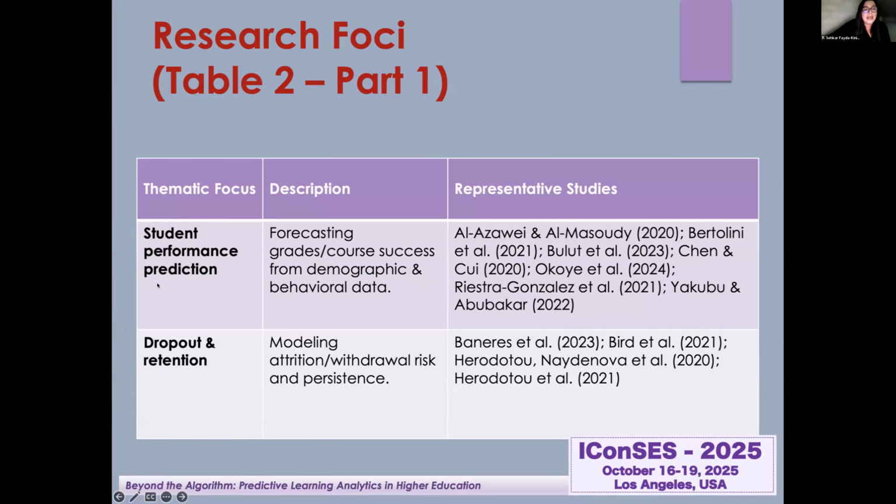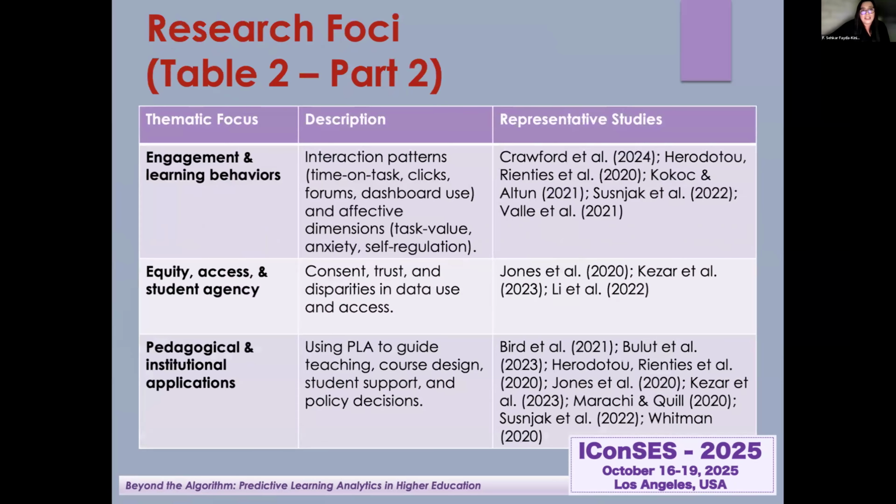Dropout and retention were also investigated through modeling attrition, withdrawal risk, and persistence in some of the studies. Engagement and learning behaviors were also examined through interaction patterns based on the data gathered from learning management systems, and affective dimensions were also investigated.